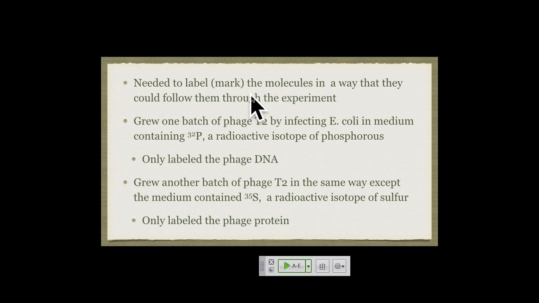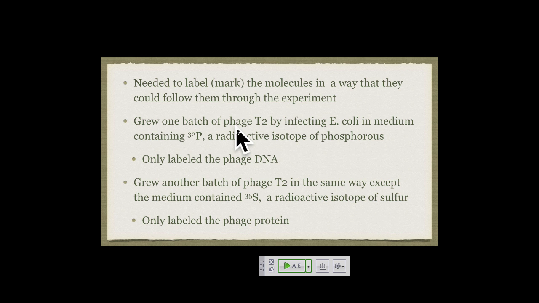So during most of this time and up until about 10 years ago, a lot of these experiments used a lot of radioactivity. So we had to label these molecules in some way so we could distinguish them. So they grew one batch of E. coli infected with phage T2, but they put radioactive phosphorus in the medium, P32.